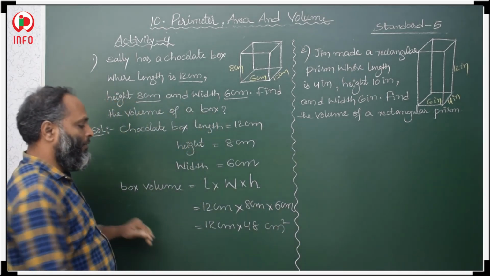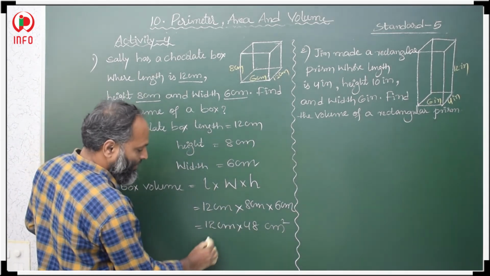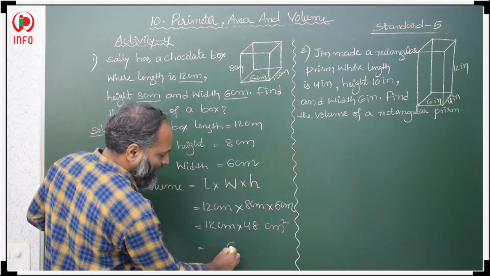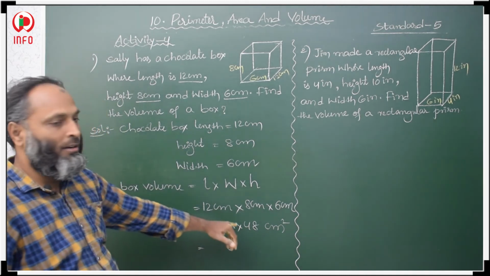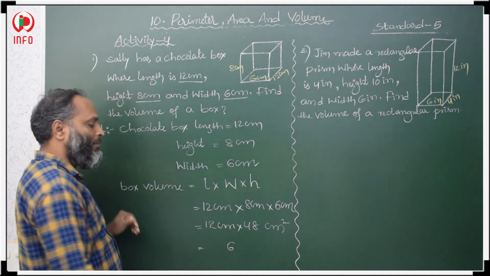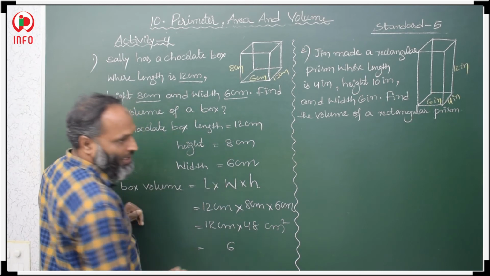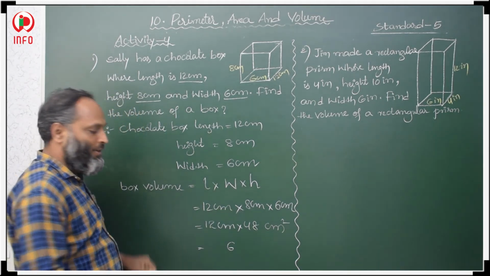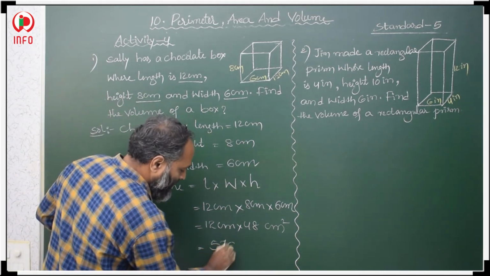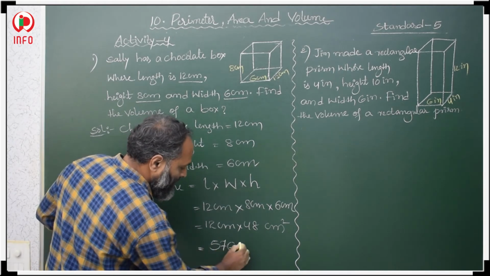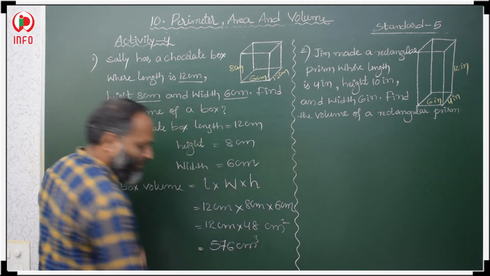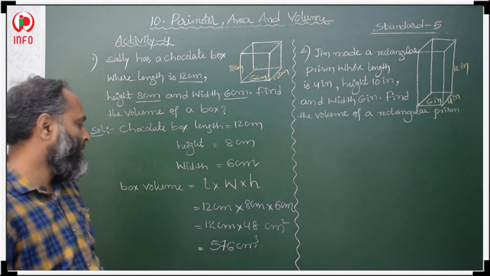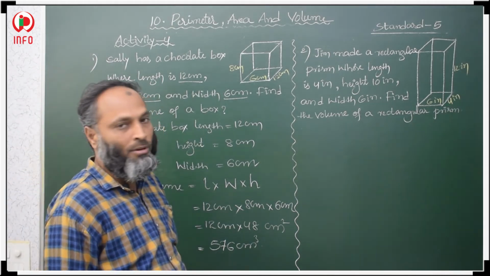Okay. Now 12 we have to multiply with 48, 12 8s are 96, 12 4s are 48, 48 plus 9, 57, 576 centimeter cube. This is the volume of the box.